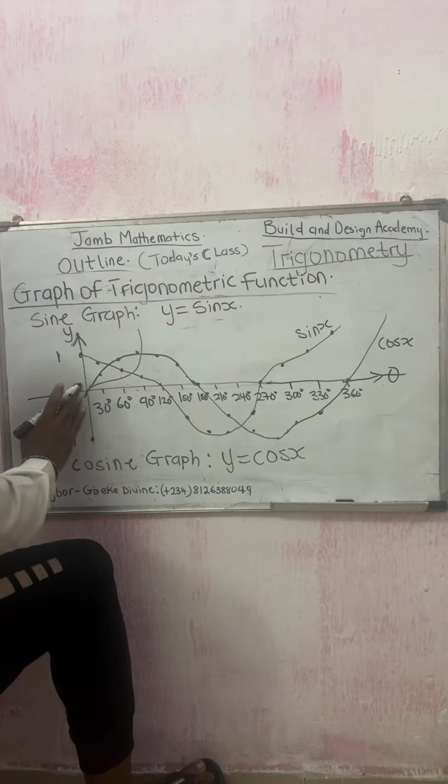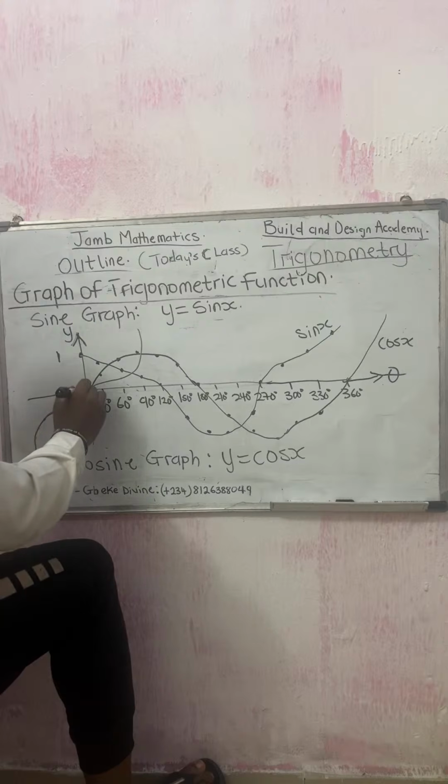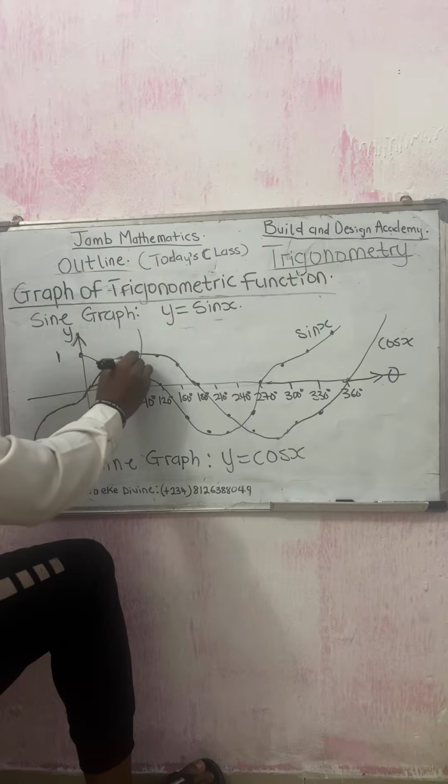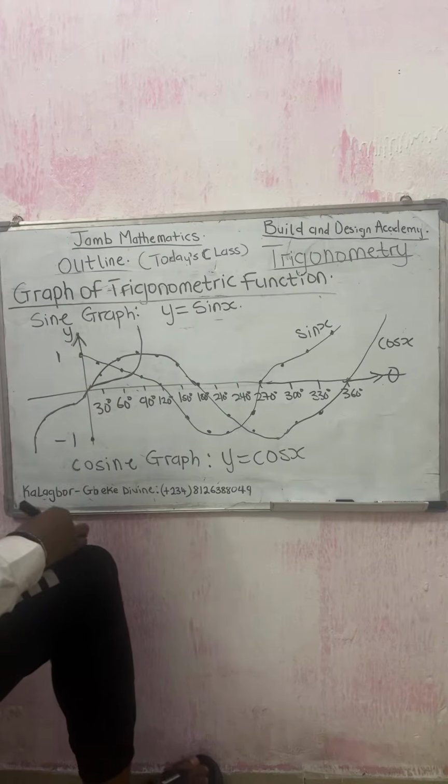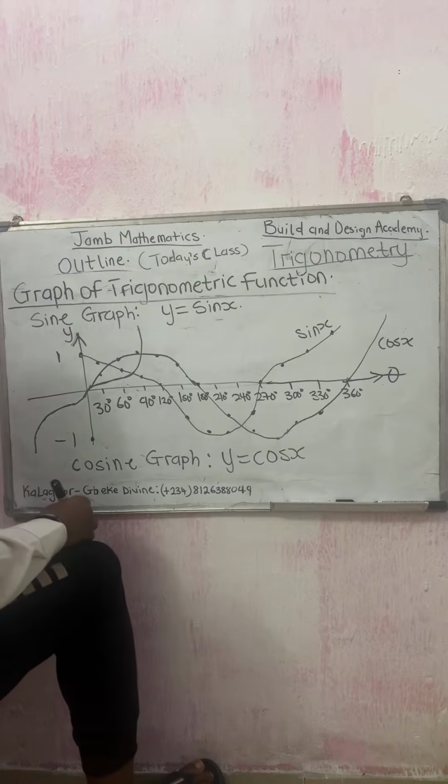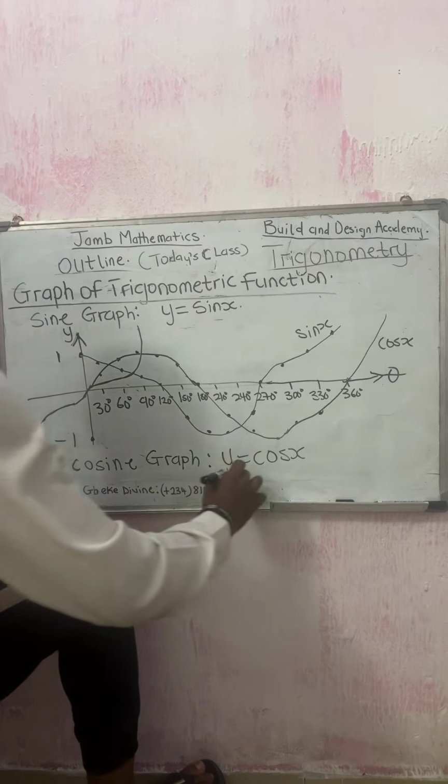It's moving from here, comes out here, intersects at 0, comes out and goes up. So this is the tan graph. That's the tangent graph.